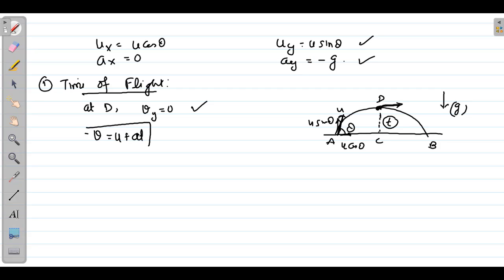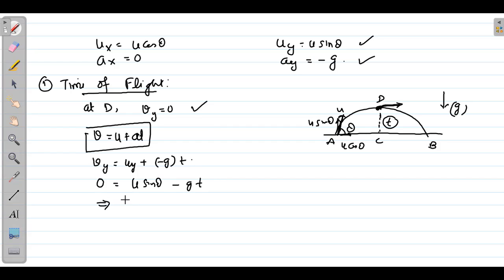we put the values in this equation. Our equation is vy equals uy plus acceleration, which is minus g, into t. Put the value of vy, that is 0. Put the value of uy, that is u sin theta, minus gt.